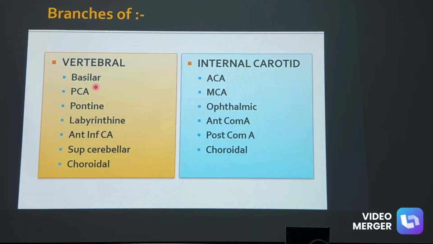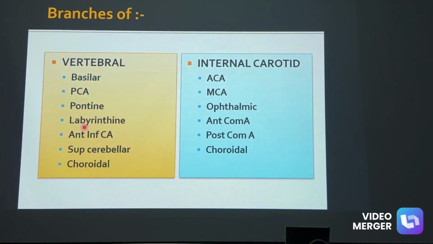These are some of the major branches of the vertebral and internal carotid artery. Basilar is the uppermost final branch. Posterior cerebral arteries come from the basilar artery tip.